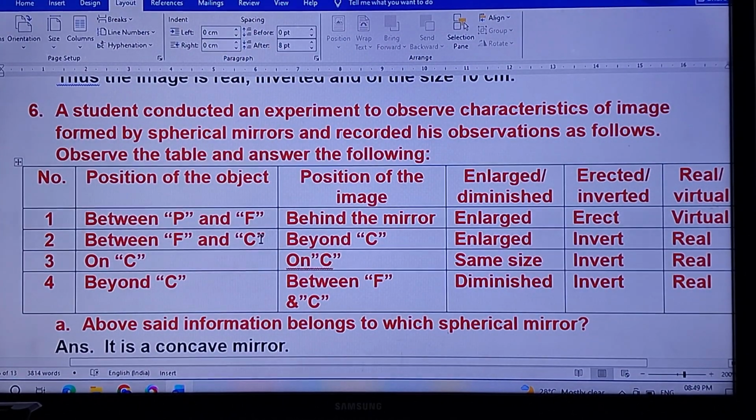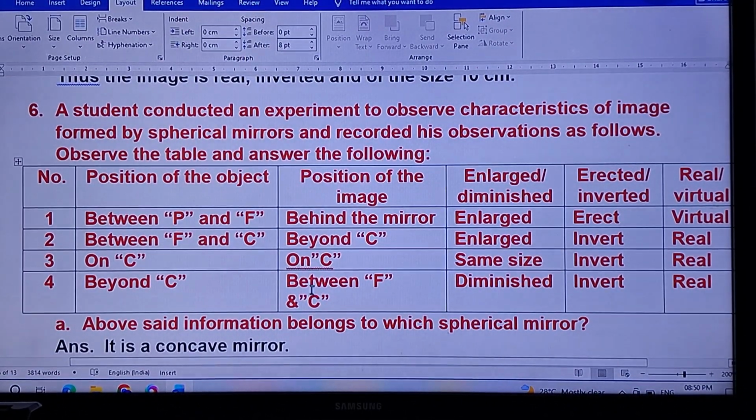Between F and C, when he kept the object, he got the image beyond C, and it is an enlarged, inverted and real image. Next, when the object is placed on C, the image is also on C. It is of the same size, inverted and a real image.